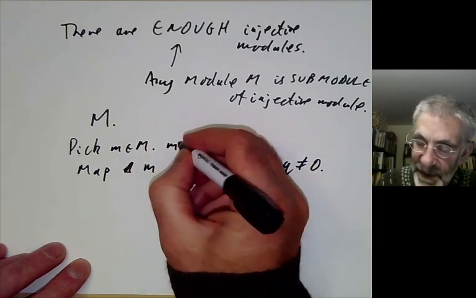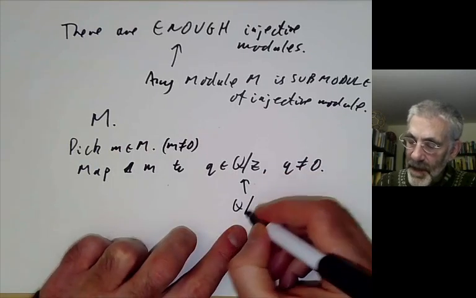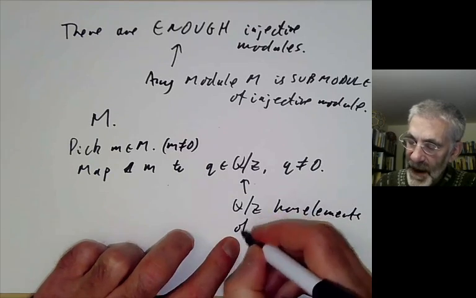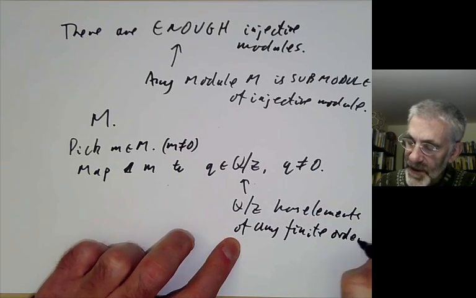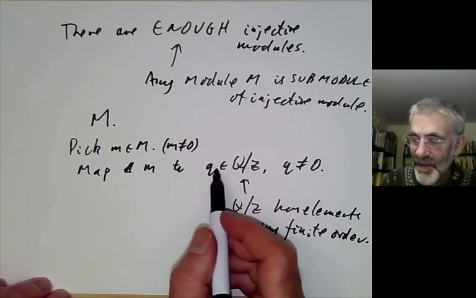This is provided m is not 0. And we can do this because Q/Z has elements of any finite order. So whatever the order of m is, we can find an element of Q/Z of the same order and just map it to there.